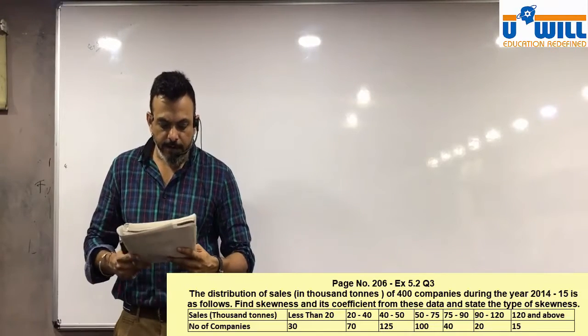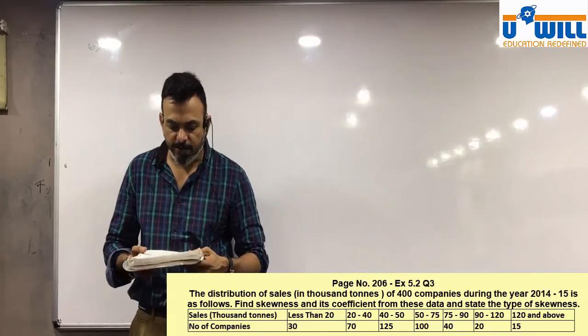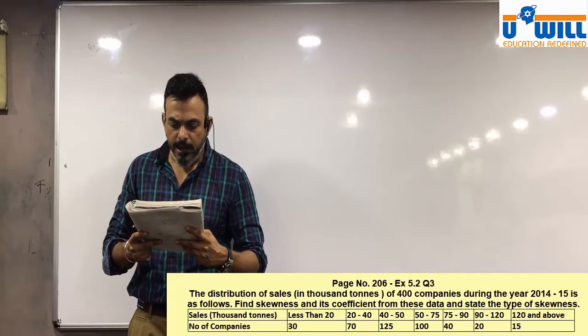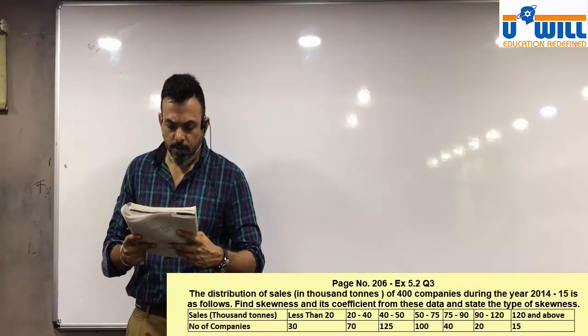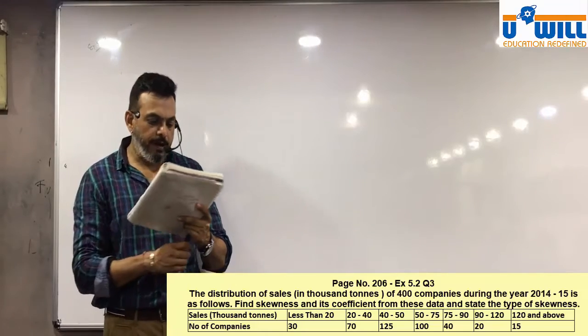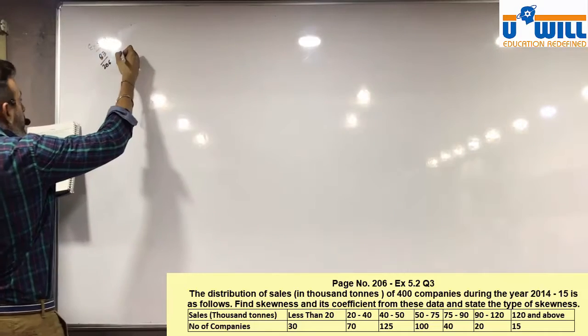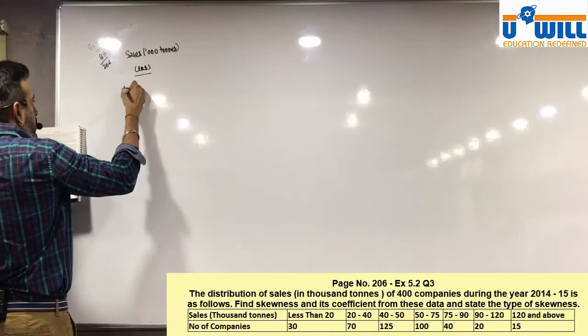The distribution of sales of 400 companies during the year is as follows. Find skewness and coefficient from these data and state the type of skewness. Now, let's write the question. Question 3. Sales in 1000 tons, which are our class, less than 20.